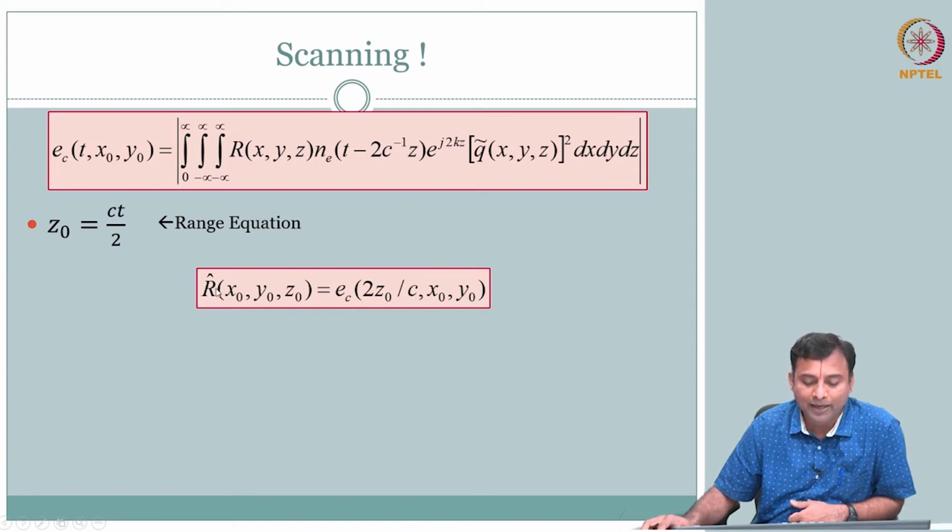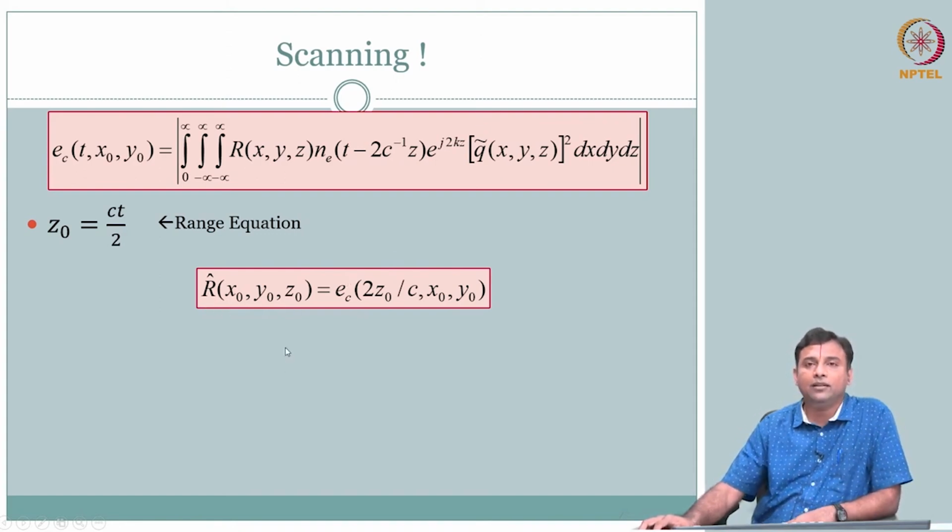What you are estimating at x naught, y naught, z naught is your received signal. So you can see your received signal at 2 z naught by c, comma x naught, comma y naught. At this location, whatever you are receiving, you call it R hat of x naught, y naught, z naught. What does this mean?